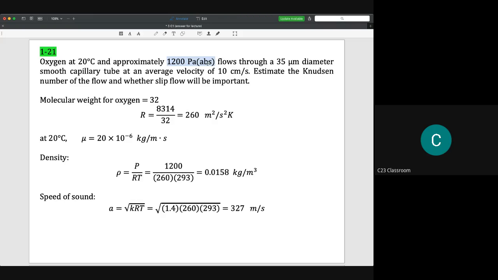First, you need to be very careful because in fluid mechanics there are two types of representing pressure. One we call gauge pressure, and one we call absolute pressure. Gauge pressure means you are calculating pressure from the atmospheric pressure as a datum, as your reference point.